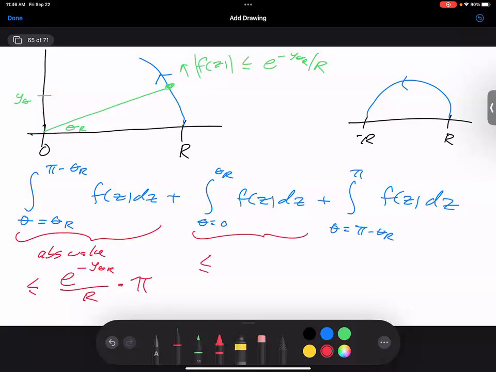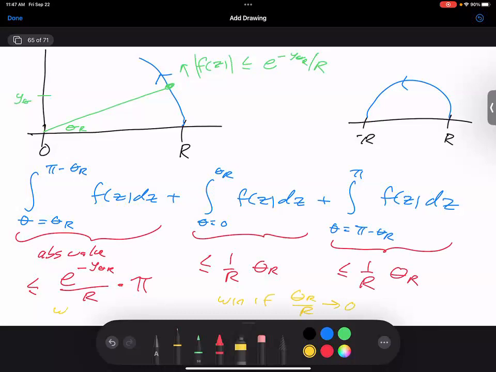Now over here, if I want to bound this, it's going to be less than or equal to, what's the largest f of z could be? Again, 1 over r. So let's do 1 over r times theta r. And similarly over here, this will be less than or equal to 1 over r times theta r. So now we see that as long as theta r is growing slower than r, these are okay. So we win if theta r over r goes to 0.